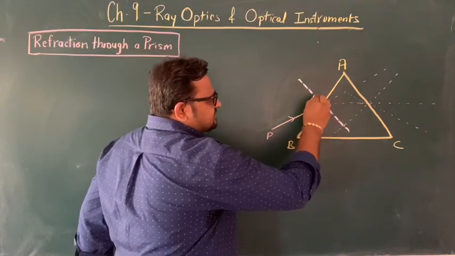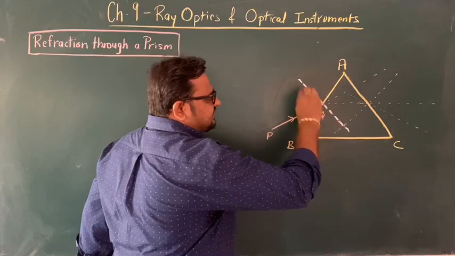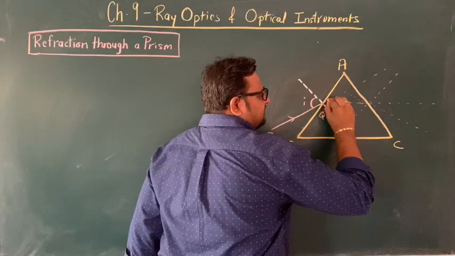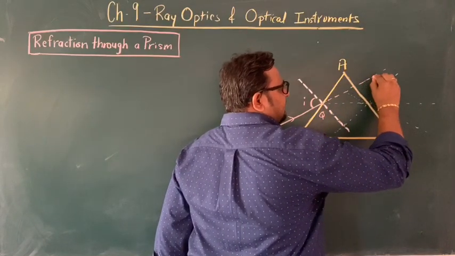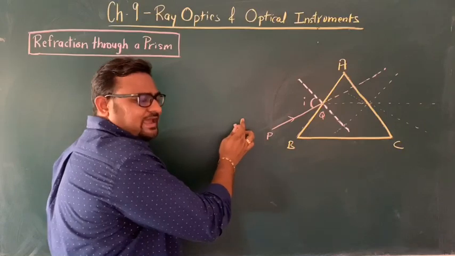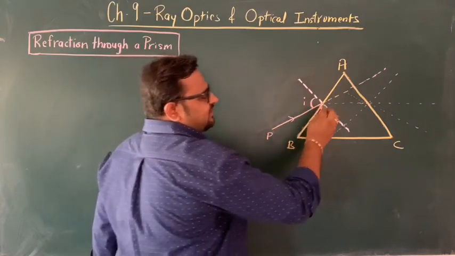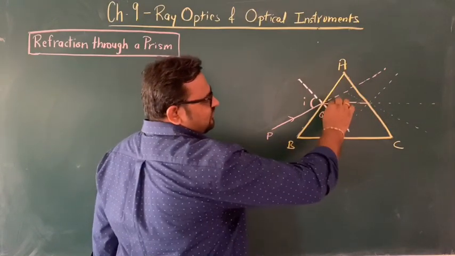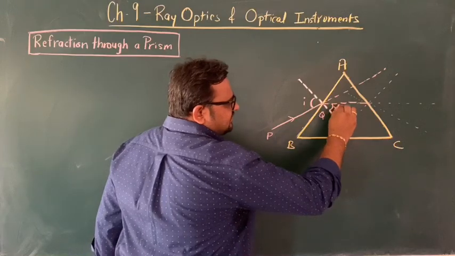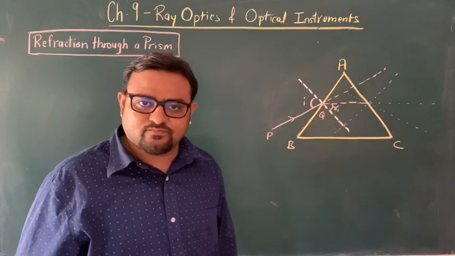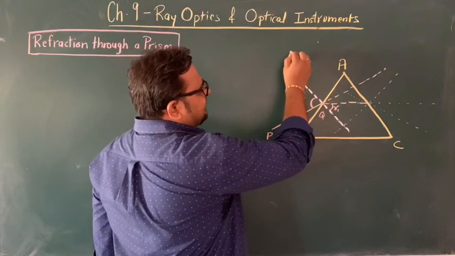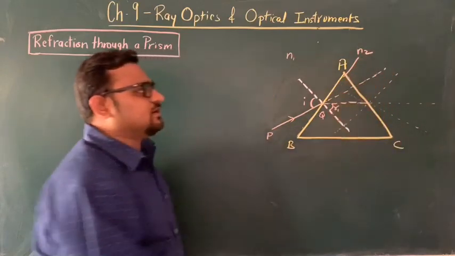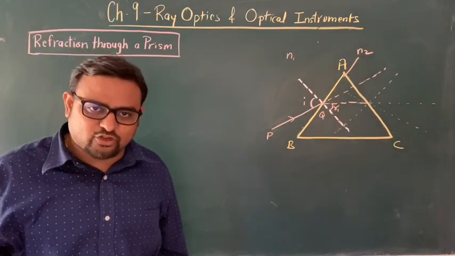Now this is the angle of incidence I. This ray was moving in this direction, but as it is changing the medium from air to prism, it will deviate. So the angle made here is the angle of refraction. Say here the medium is air, N1, and the refractive index of the prism I am taking as N2.